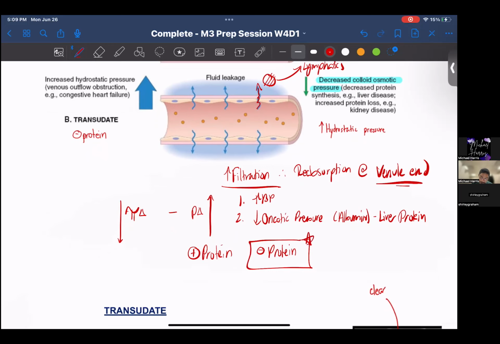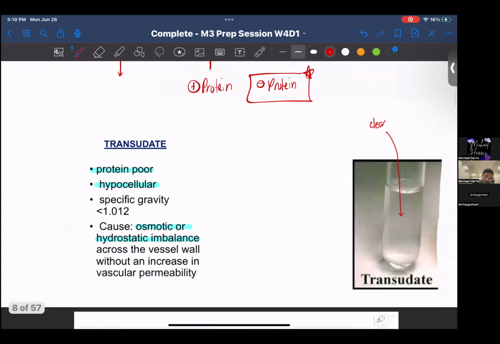So you do not see protein in this fluid because you do not have an increased permeability of the membrane. So proteins are not able to leak out because the membrane itself is still intact. Okay? The endothelial membrane is intact, so proteins cannot leak out. That's the same thing with cells. Cells will not leak out because, once again, the membrane is intact. Okay? So this is essentially called a transudate.